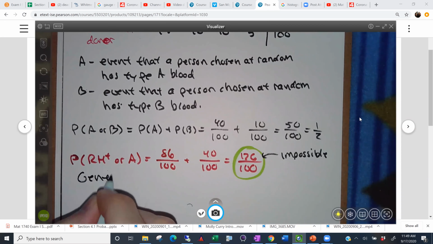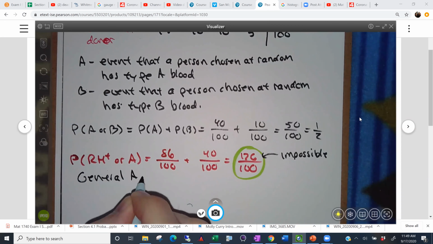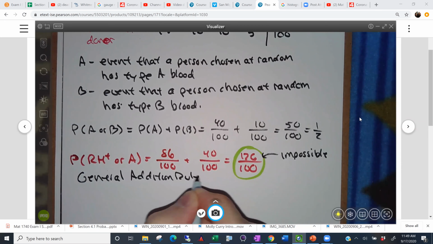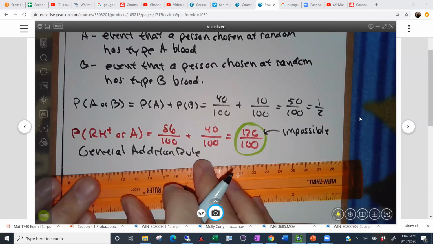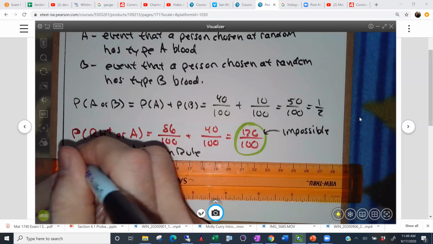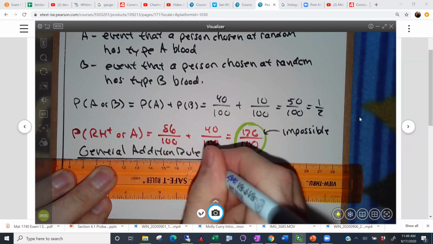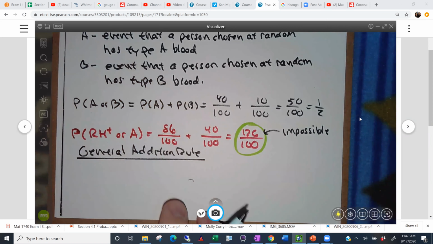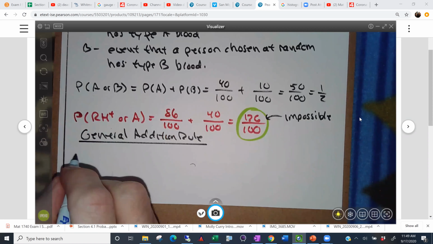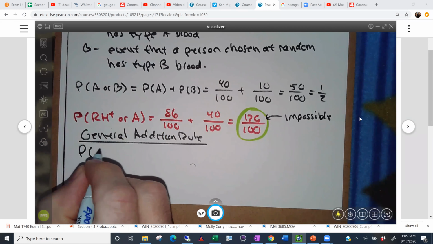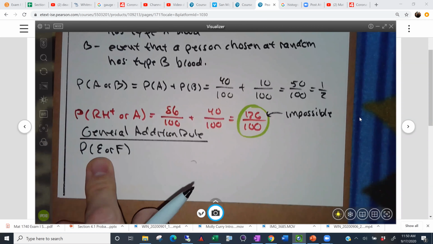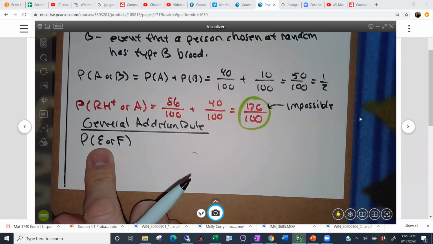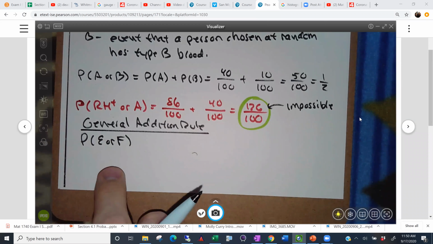General addition rule. So let's see what that says. The general addition rule is exactly for calculating stuff like this. And what we're going to do is we're going to take the probability of E or F, and these are some generic events. I just chose these letters because they're not already in use in our current example.